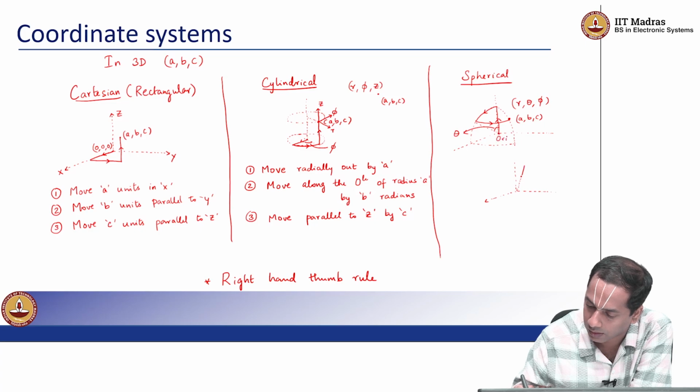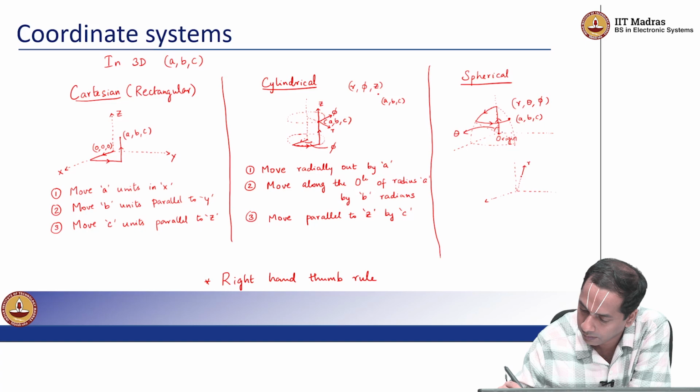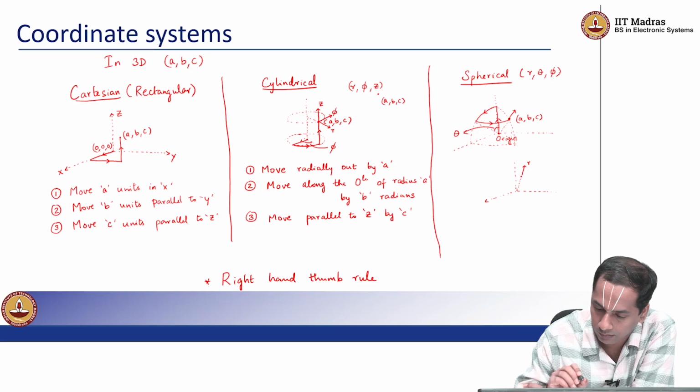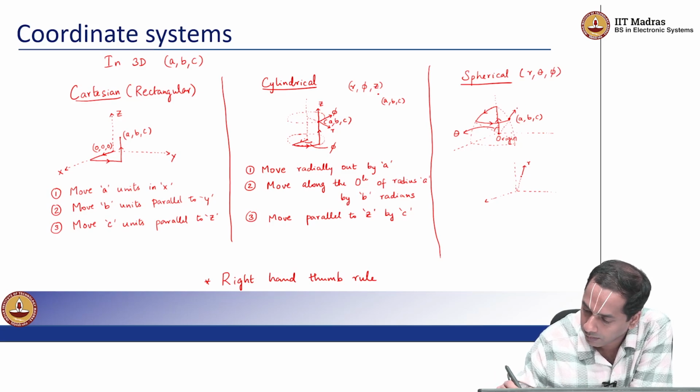So let's call this the origin. So we have r radially outward, and then the theta axis is essentially pointing tangentially but down.